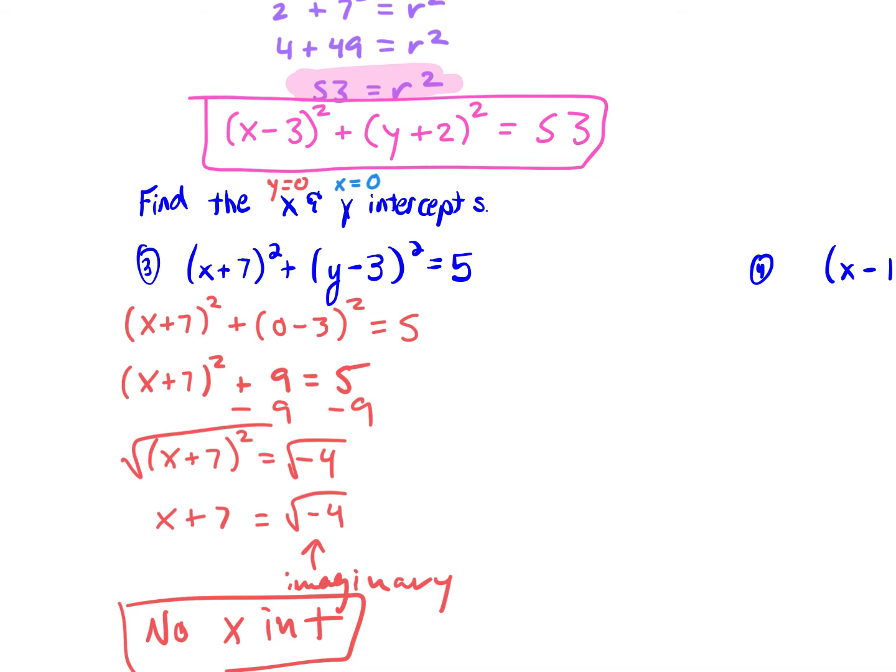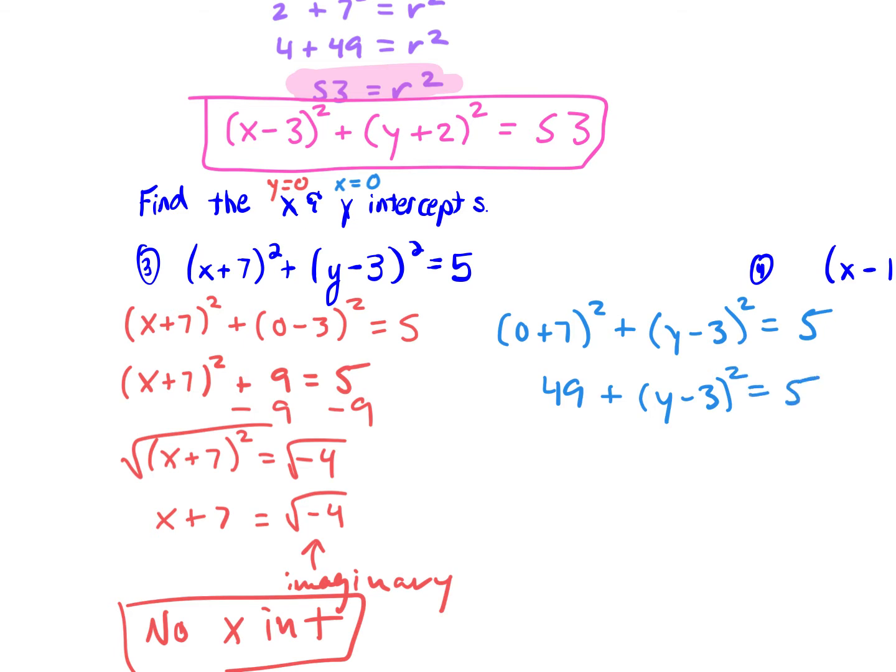So y-intercept, we plug in 0 for x. So we have (0 plus 7) squared plus (y minus 3) squared is equal to 5. 0 plus 7 is 7. 7 squared is 49. Plus (y minus 3) squared is equal to 5. Subtract 49 on both sides.